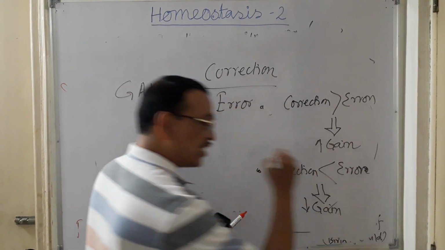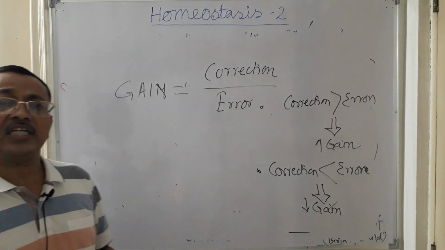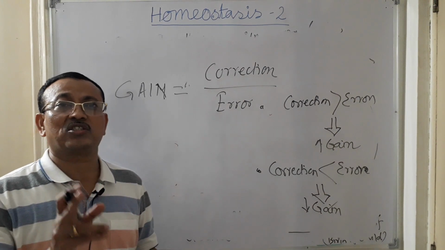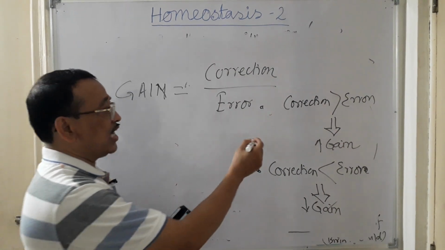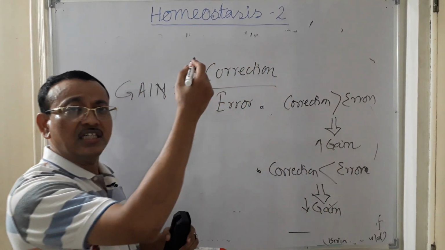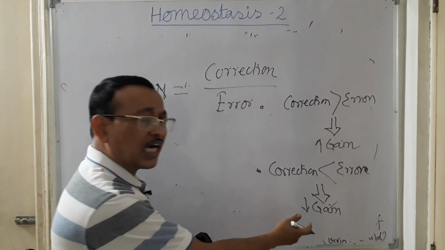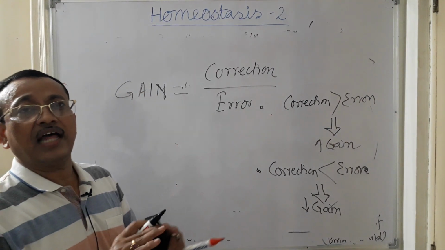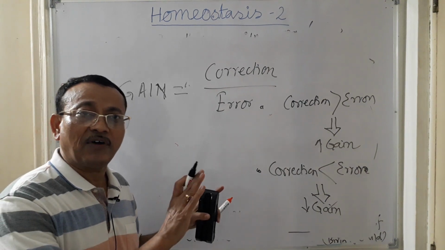And if the gain is decreased, the capability of that particular mechanism will be less. So in case of the first person, the correction was more than the error. So the gain of the negative feedback mechanism was more, so it was dominating the positive feedback mechanism, and there was no need for admission of the first person.